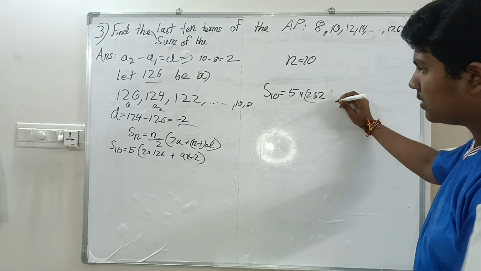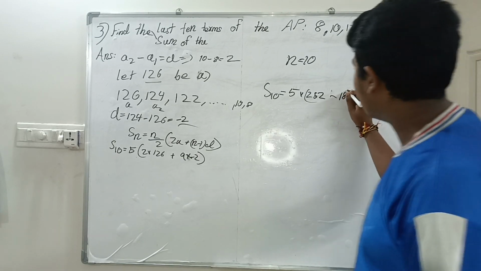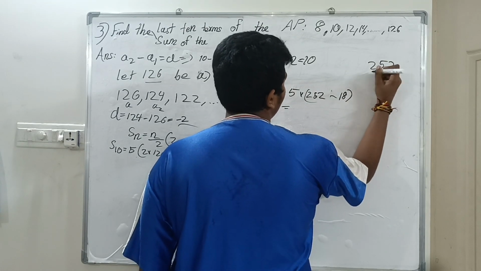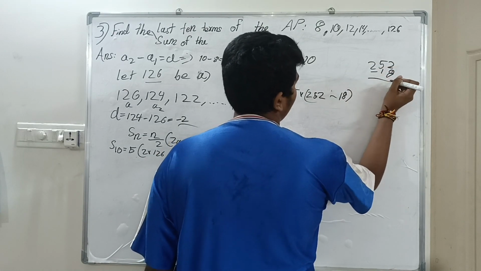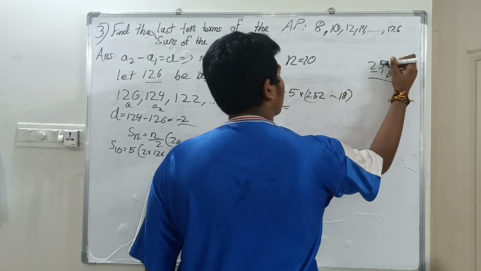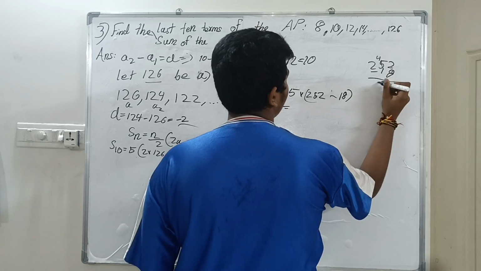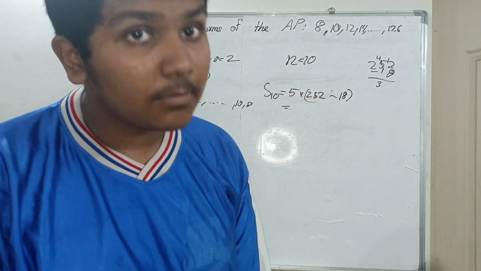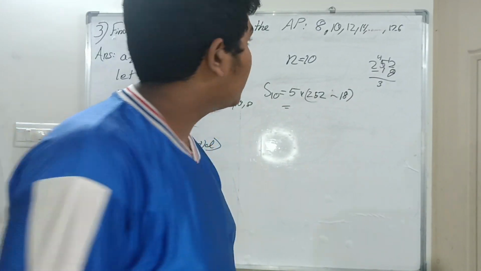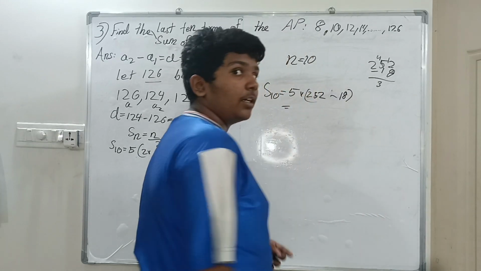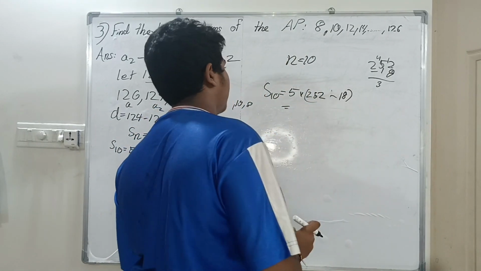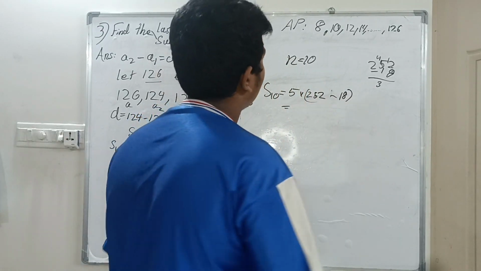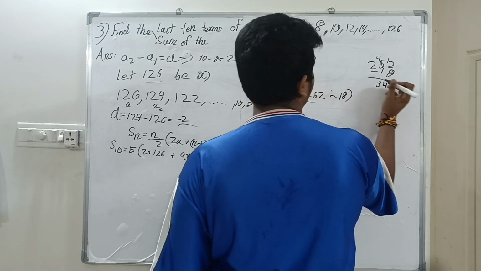Not plus, right? Since minus, there will be minus 18. Alright. So 252 minus 18 will be how much? Let's see, 10 minus 8 is how much? 5, right? Is it 5? 4, right? What do you think? 4, no? So 4. And here 2.